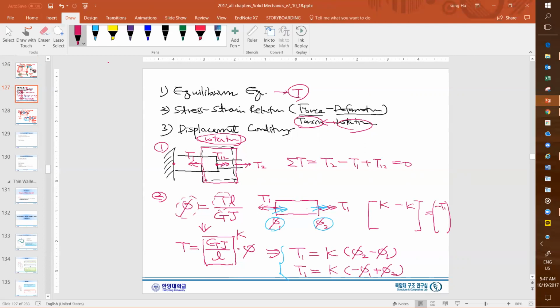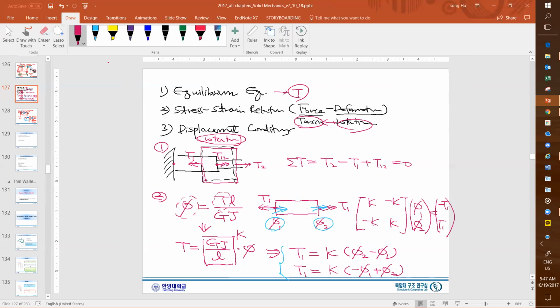And the second equation you can say, I'm sorry, there should be a K minus K, phi1, phi2, equal minus T1. And the second equation is minus K and K, equal plus T1. Okay, so this is the one that represents this shaft.